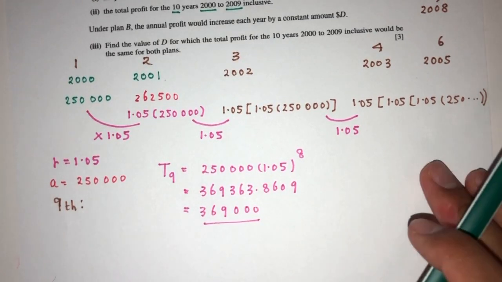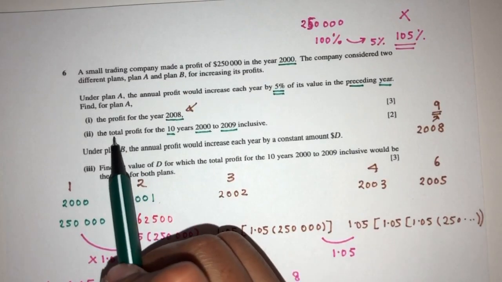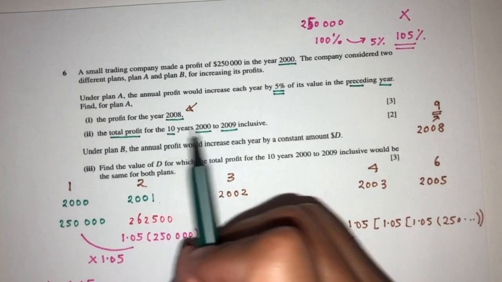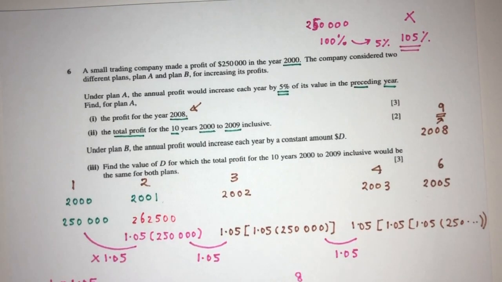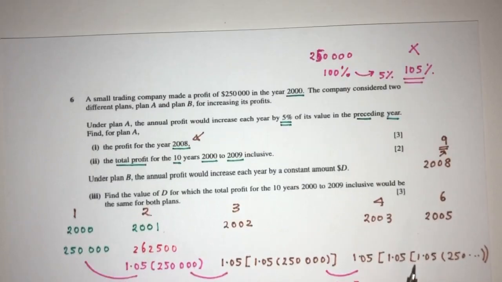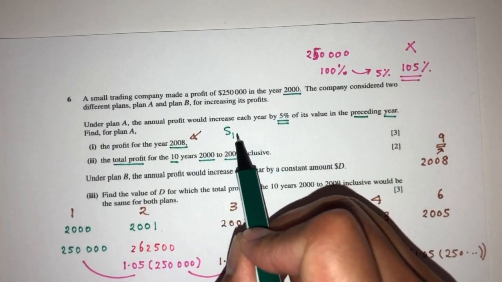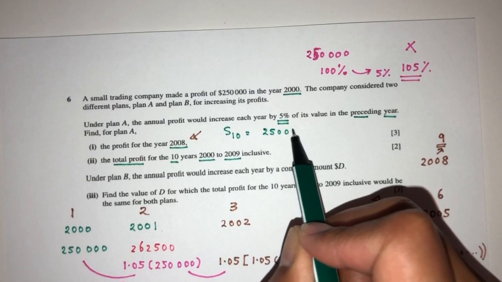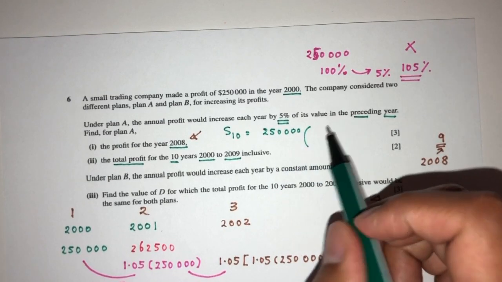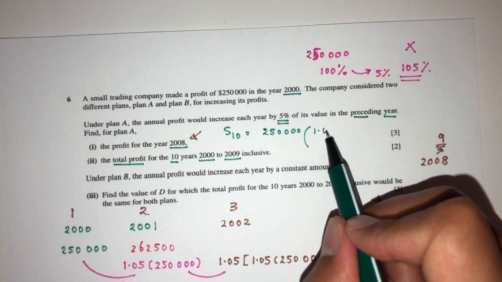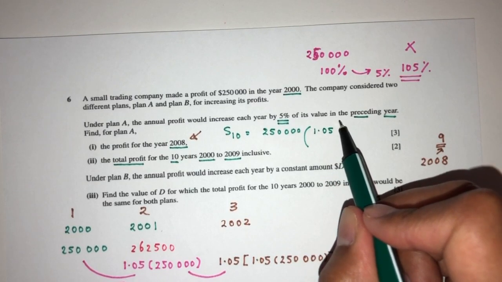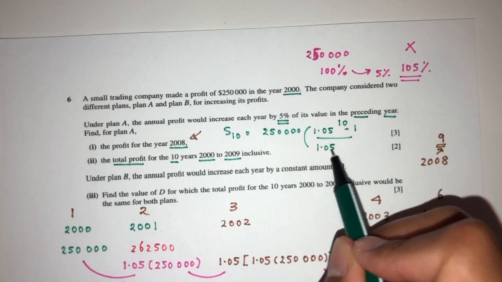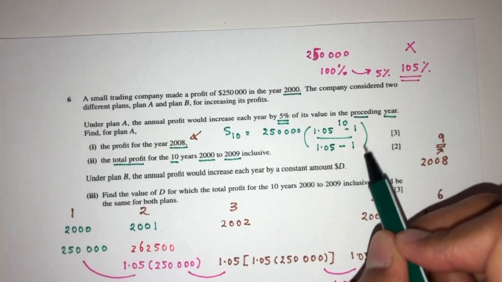Now let's move on to part 2 of the question. We have to find the total profit for the 10 years, so we have to find the sum of the first 10 terms. That will be A times 1.05 to the power 10 minus 1, over 1.05 minus 1.